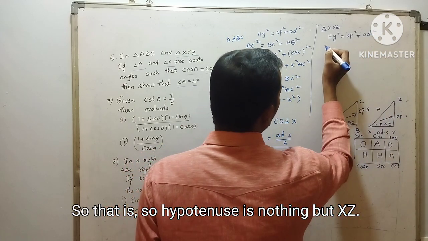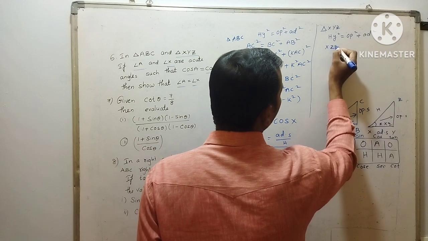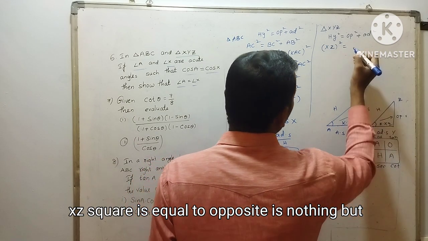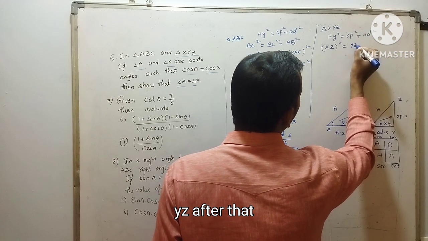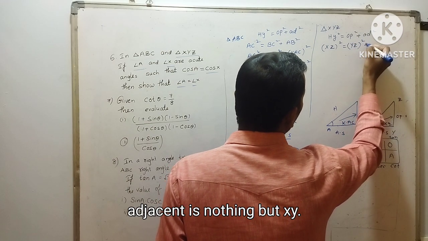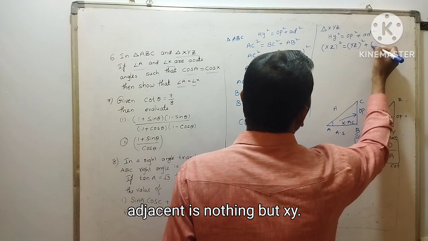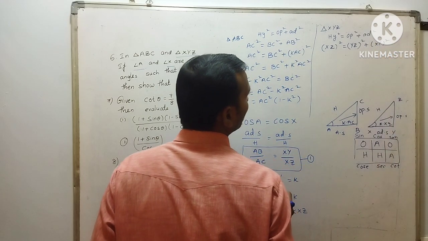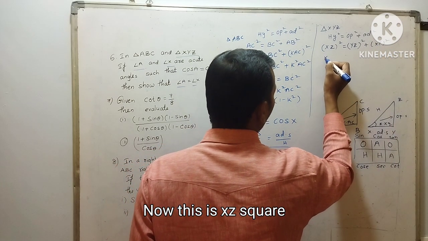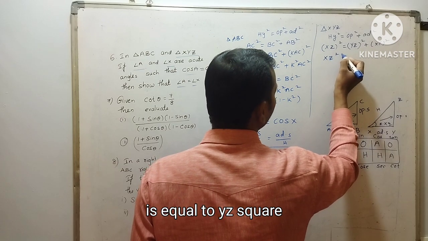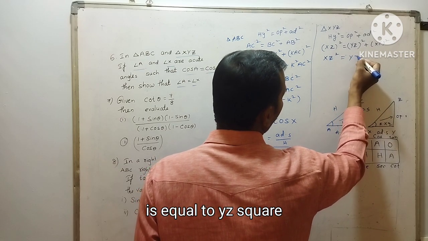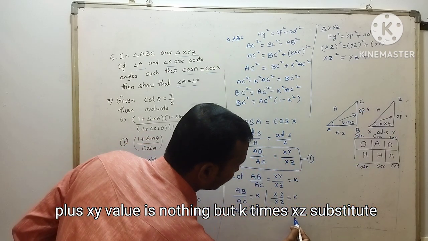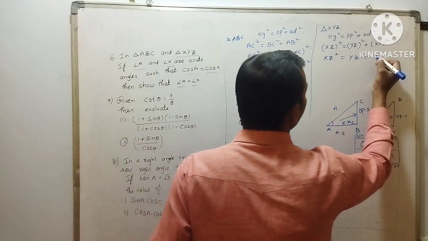Hypotenuse is nothing but XZ, so XZ square is equal to opposite, which is YZ, after that adjacent, which is XY. Now XZ square is equal to YZ square plus XY value, which is K times XZ. Substitute there.